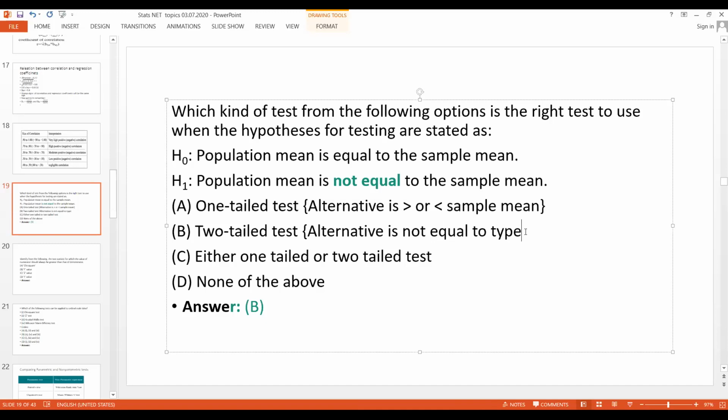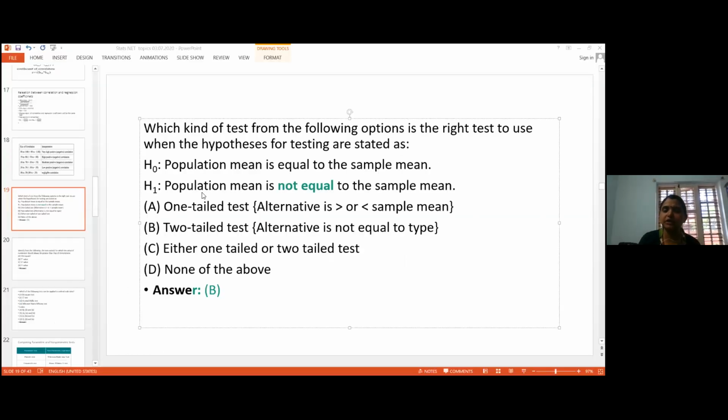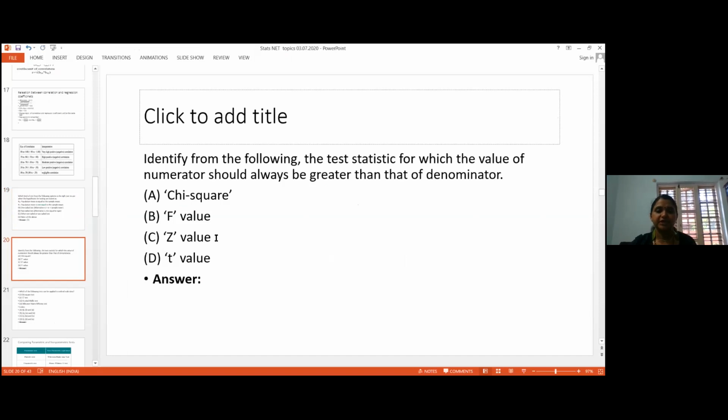Very easy to understand. Whatever the test, this is an example of a single mean. You have only one mean and you're comparing it with the hypothesis value. So this is a hypothesis for a single mean. Be it a two means test or a variance test, wherever it is, the rule remains the same. Whenever it is of the not equal to type of hypothesis, it is called a two-tailed test, otherwise it's called a one-tailed test. Can we proceed?